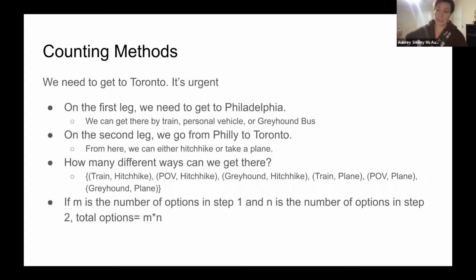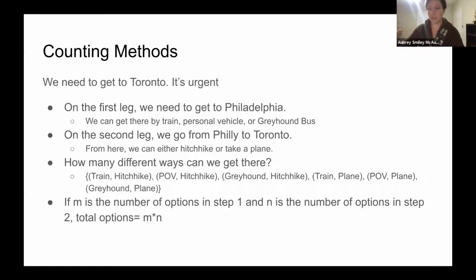So we use the handy dandy formula. You're going to multiply how many options there are for every step of the journey by each other. So in this case, there are 3 options in the first leg and 2 options in the second leg. Our number of options is 3 times 2. I used m times n here. You could use any variables you like.